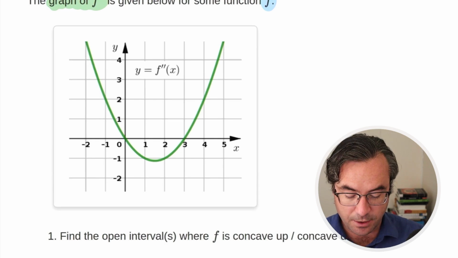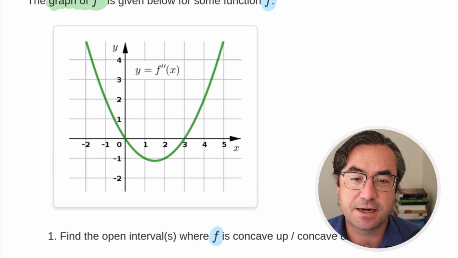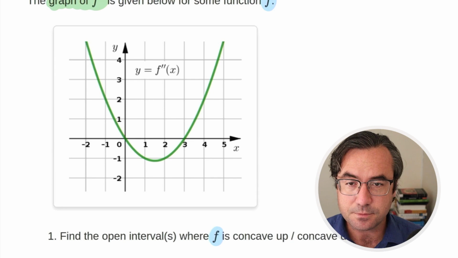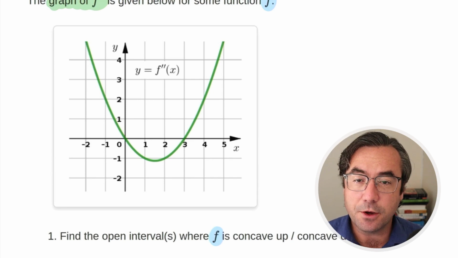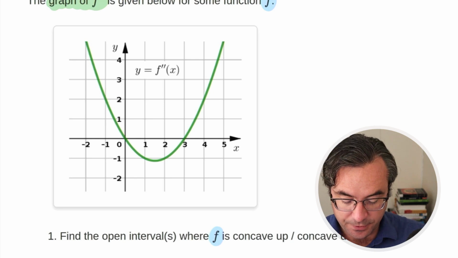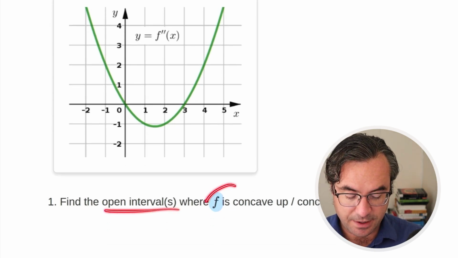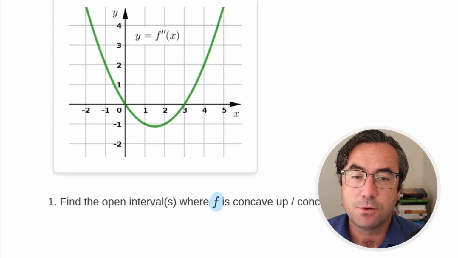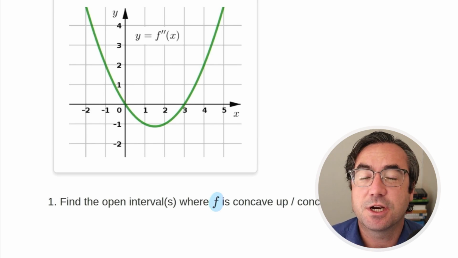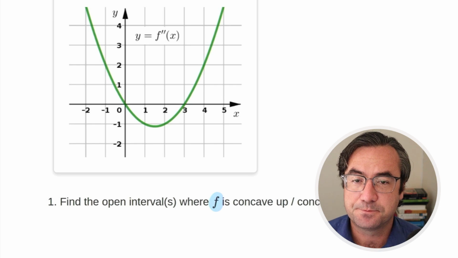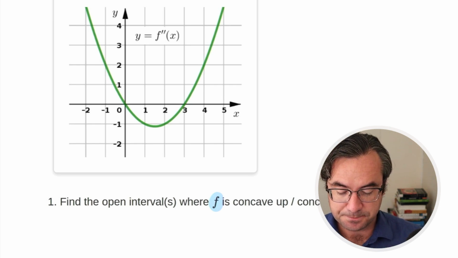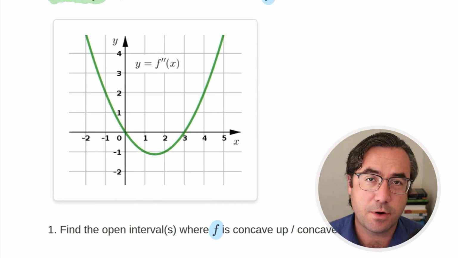So we want to know where is the original function concave up or concave down. So in order to do this, find the open intervals where f is concave up or concave down, what we really want to do is just get a sign chart for f double prime. And we can do that right on our graph.